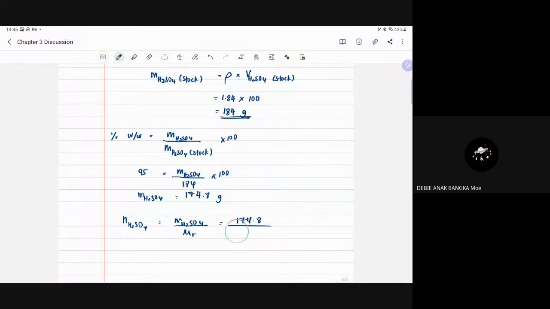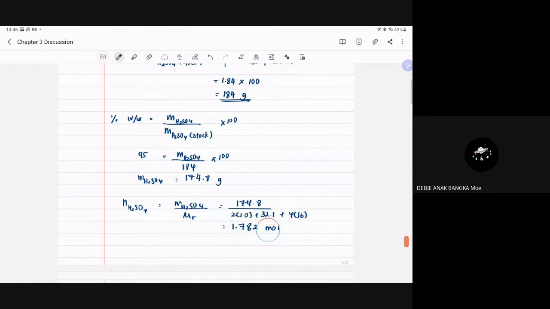Okay, so kita bahagikan dengan 2 kali 1.0 tambah 32.1 tambah 4 kali 16. So kita akan dapat 174.8 divide by 2 tambah 32.1 tambah 4 kali 16. Kita akan dapat number of mole 1.782 mole.